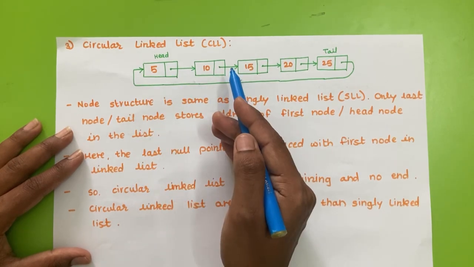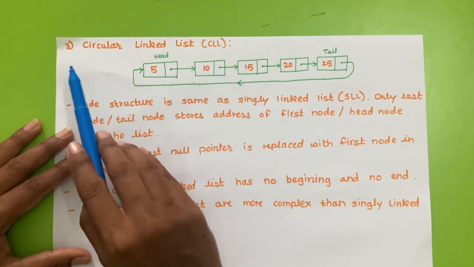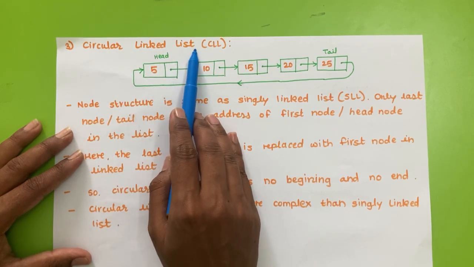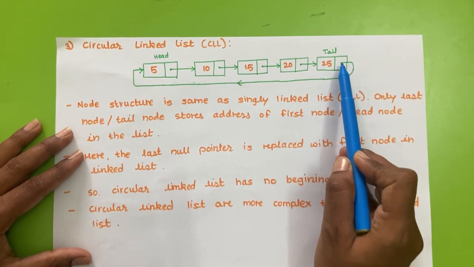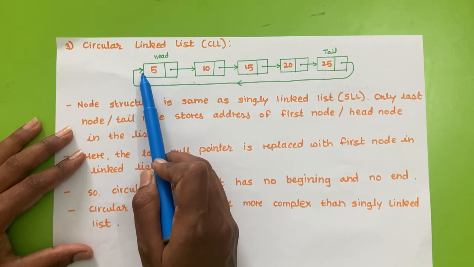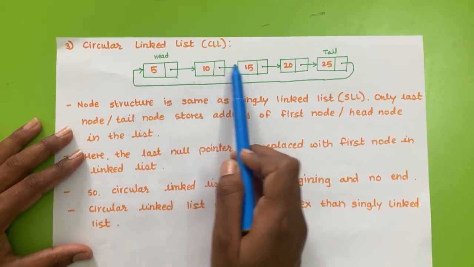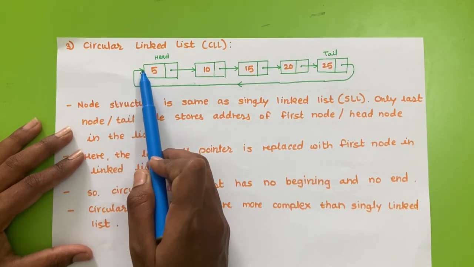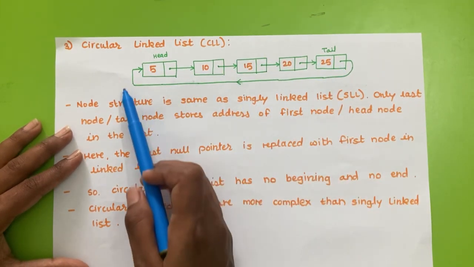That drawback of the singly linked list has been removed with the help of the circular linked list. Here the last pointer field stores the address of the first node in the linked list. So here we can traverse from the last node to the head node, or tail to the head node.